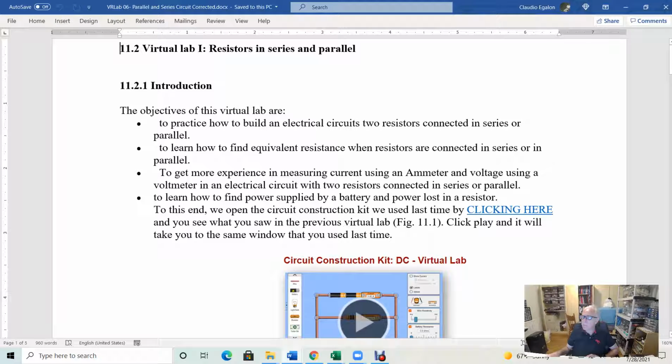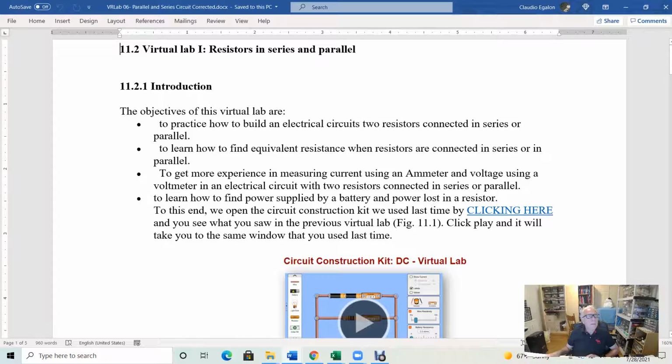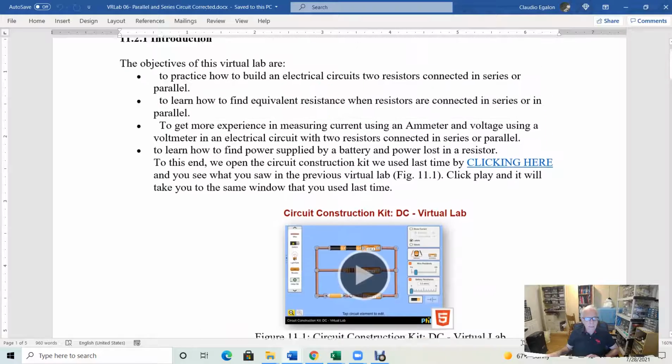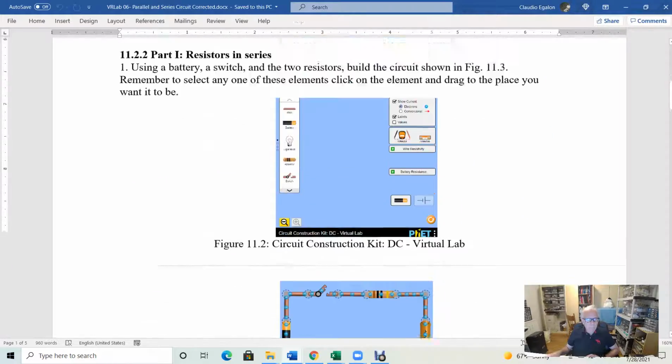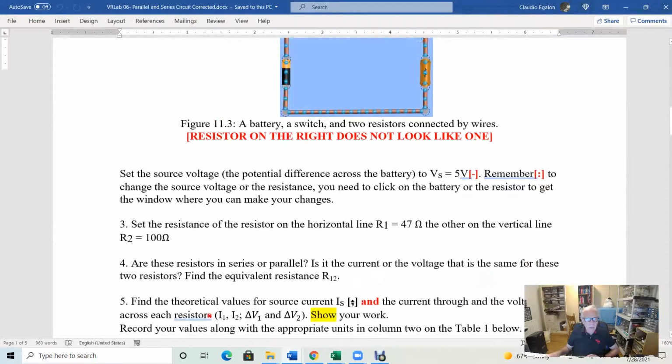Resistors in series and parallel. Let me brief you quickly.